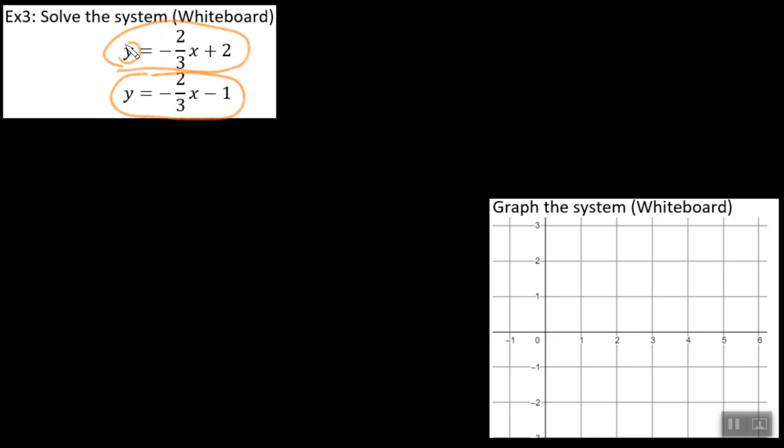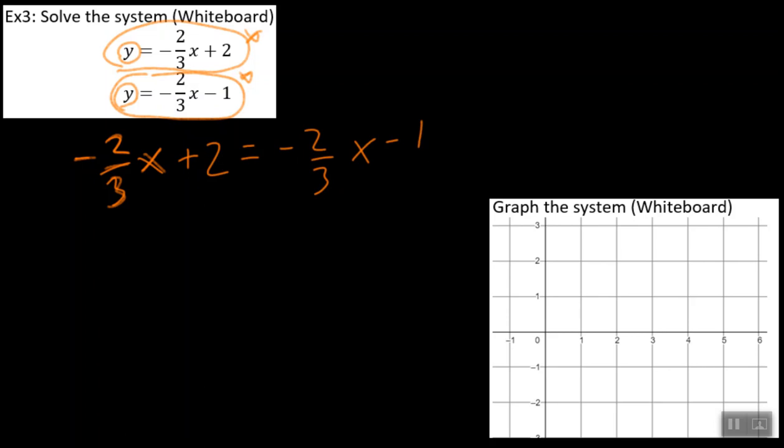Now notice, because this equals y and that equals y, these two expressions on the right have to be equal. And so we can say negative 2/3 x plus 2 is equal to negative 2/3 x minus 1.